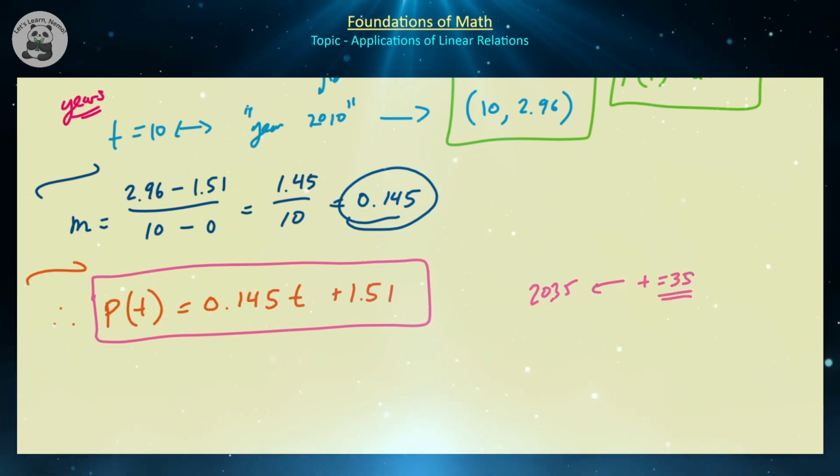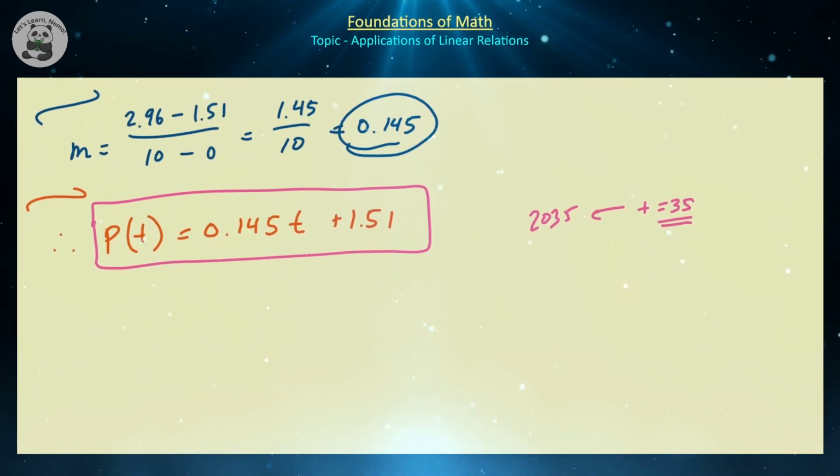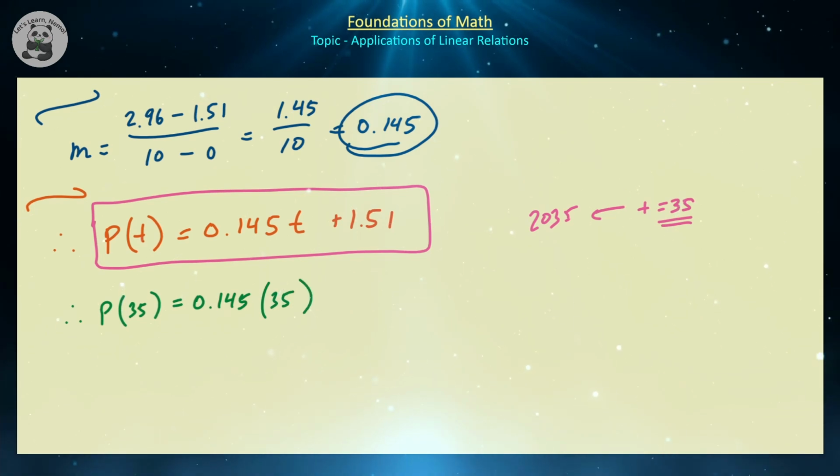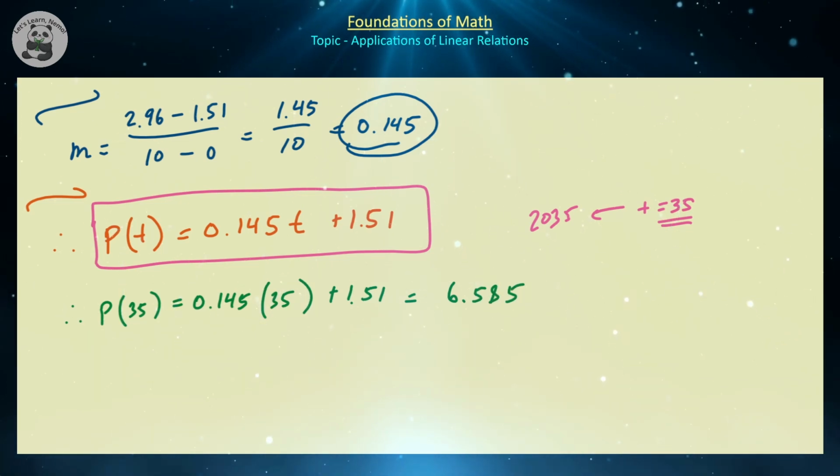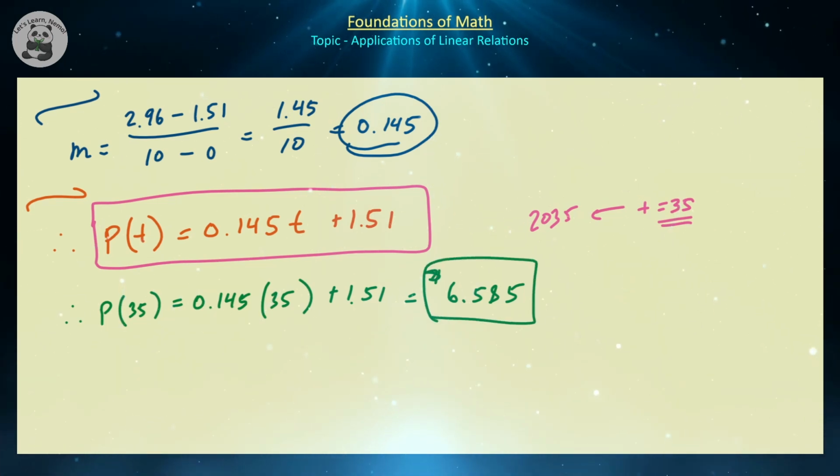So we just need to evaluate this function at 35, and that's going to give us the information for which we seek. Therefore, P of 35 is going to be equal to 0.145 times 35 plus 1.51, which is going to come out to 6.585, so about $6.59 per gallon as an average in the year 2035.